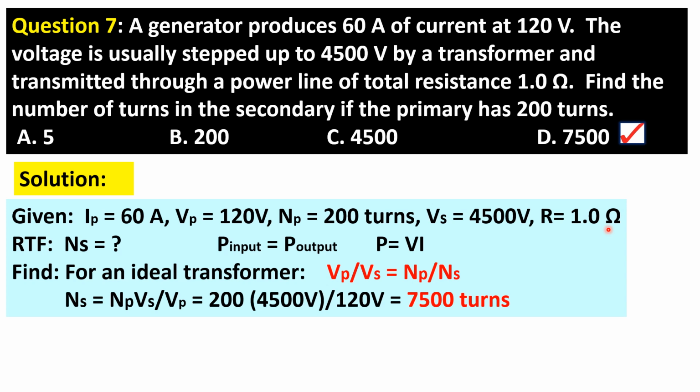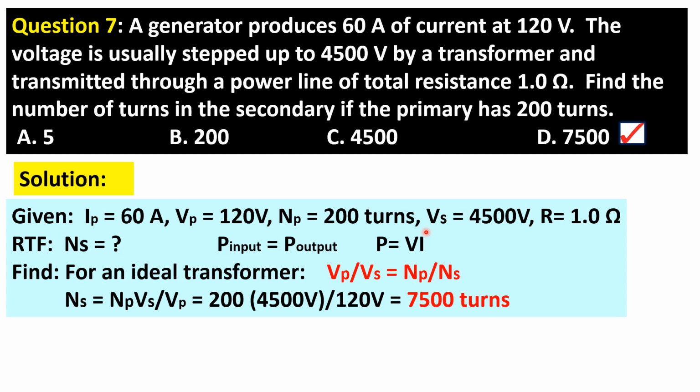All right. So the concept of transformers depends on the fact that electrical power is the product of the voltage times the current. So P is equal to VI.